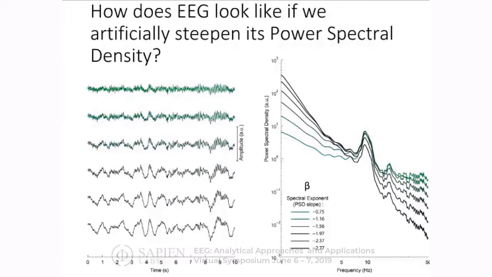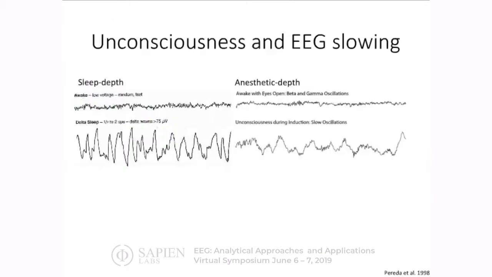As I artificially change the background of the spectral representation and then reverse the Fourier transform to get it back into the time domain, we can see how slow waves start to appear as the PSD becomes steeper. As the spectral representation is steeper, the signal tends to look smoother, with large amplitude slow waves.